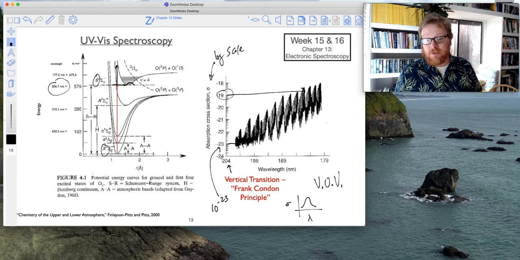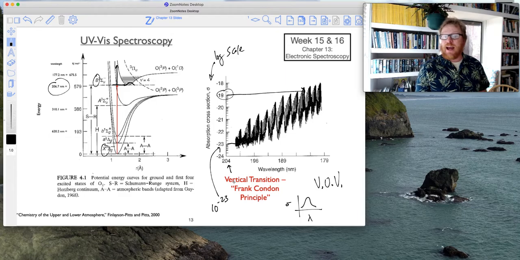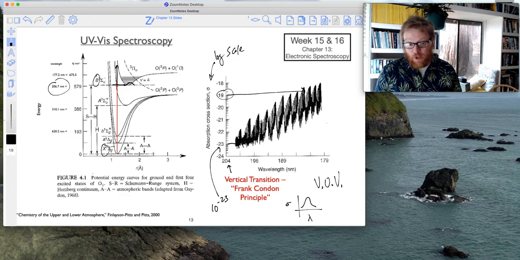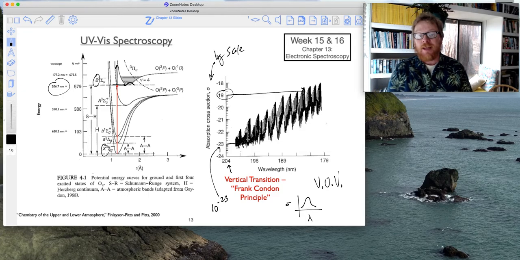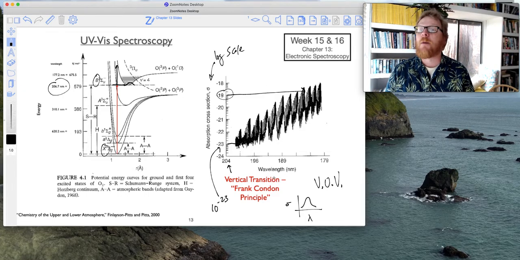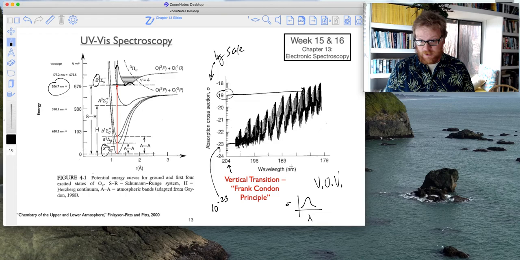Look, the absorption increases by like a factor of 1,000,000 over the scale, right? From 10 to the negative 24 to 10 to the negative 18. That's a 1,000,000-fold change in the absorption spectra. So for example, suppose we had a path length and concentration at 179 nanometers that gave an absorbance of 1.